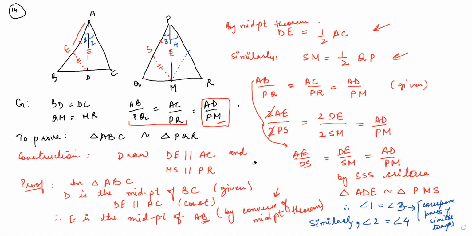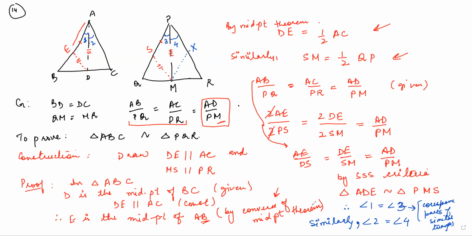How is angle 2 equal to angle 4? We didn't take that triangle. You can start the same process as I have done. For example, you are taking this to be, let's say, X. You will first of all prove that X is the midpoint of PR. The same thing you will do. We will not repeat the whole proof when something is exactly similar.